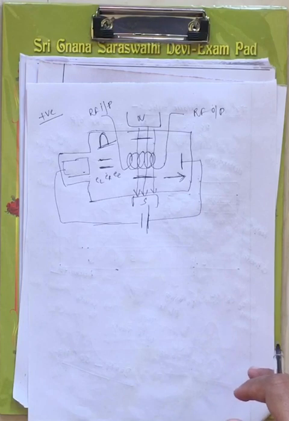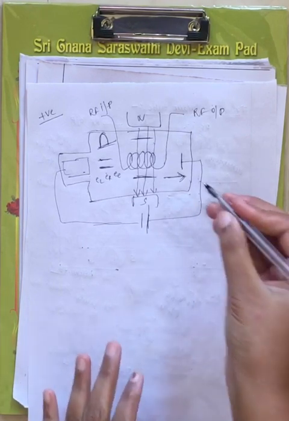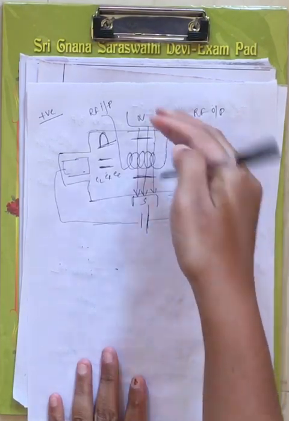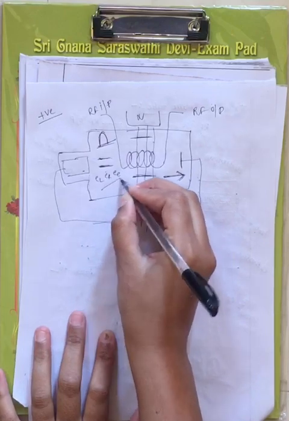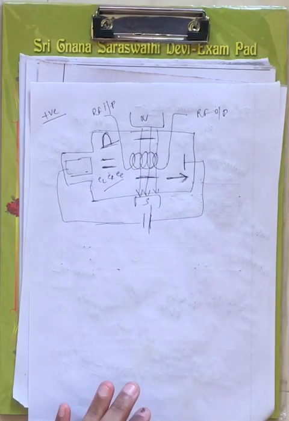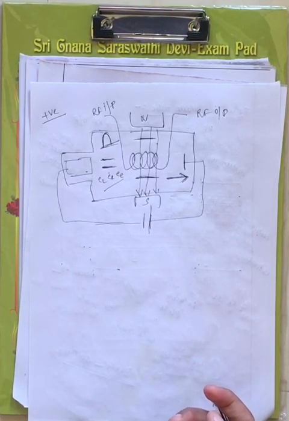Now what will be its force? The force will be an accelerating force, right? The electron will experience an accelerating force, whereas for the negative half cycle it will experience a repulsive force, right?